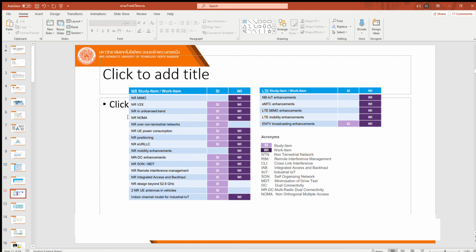We're going to talk about NOMA in the future, and NR over non-terrestrial networks, NR UE power consumption, NR positioning, NR URLLC, NR mobility enhancement, and NR RAN enhancement, for example NR SON and MDT, and many technologies they're going to use for the new radio.